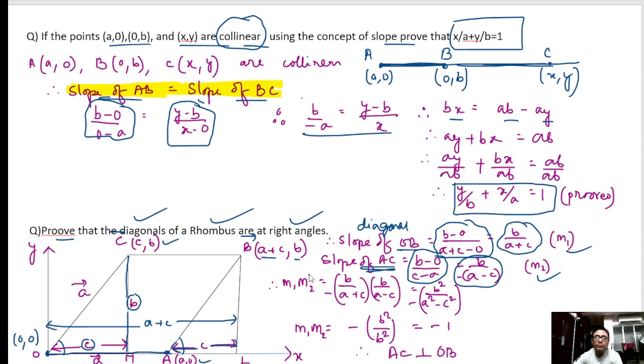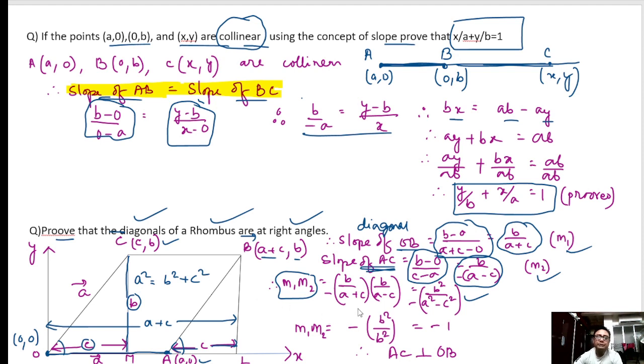Now I take the product of the two slopes. Here please watch one thing: A square is actually B square plus C square.